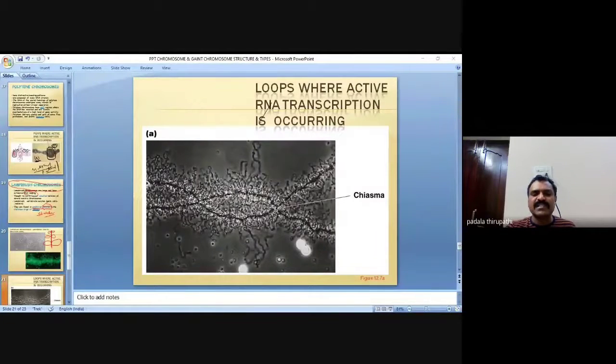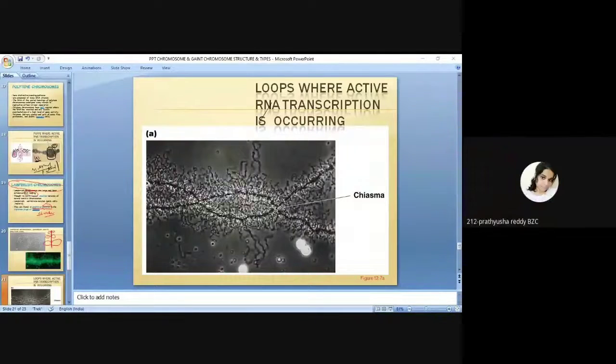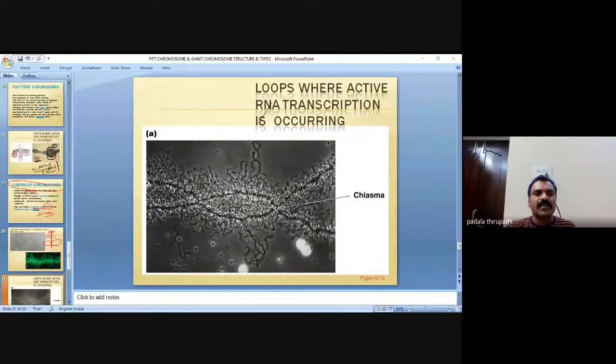What is the meaning of transcription? Can anybody tell? Have you ever heard this term, transcription? DNA is present in the nucleus. From DNA to mRNA, the synthesis of mRNA, this important stage we call transcription.